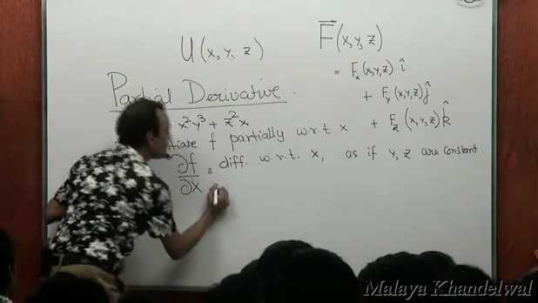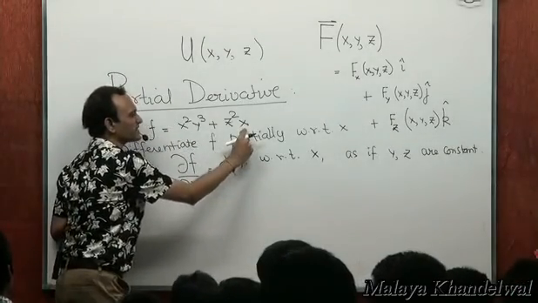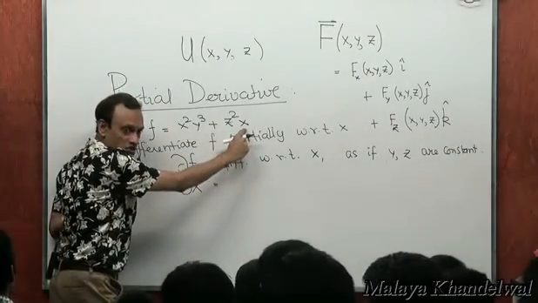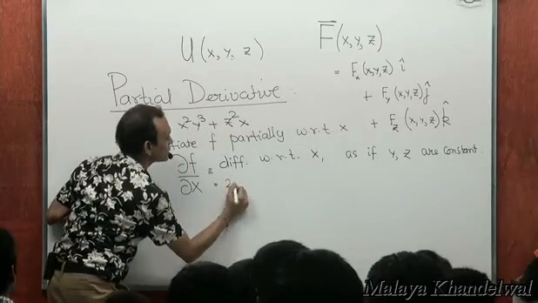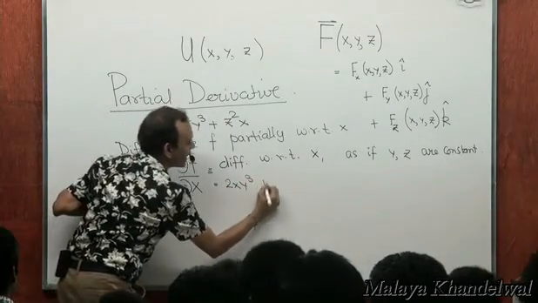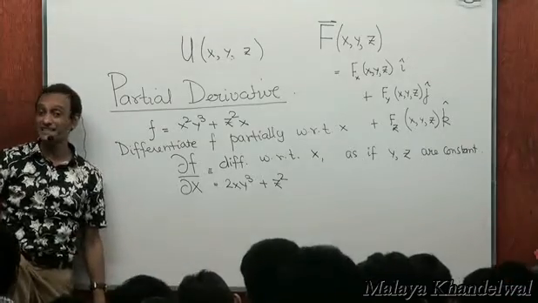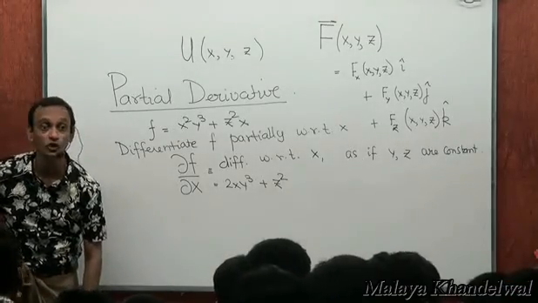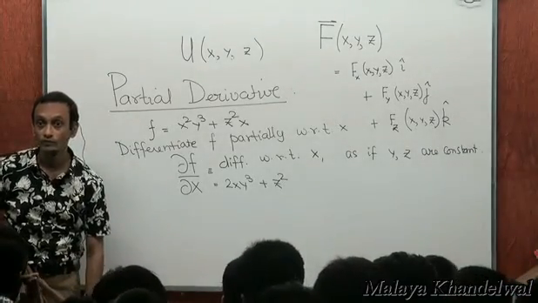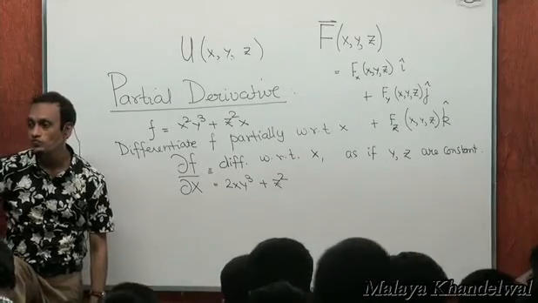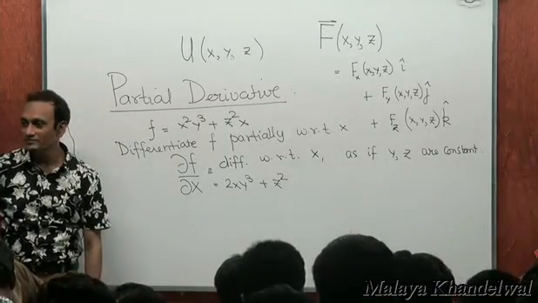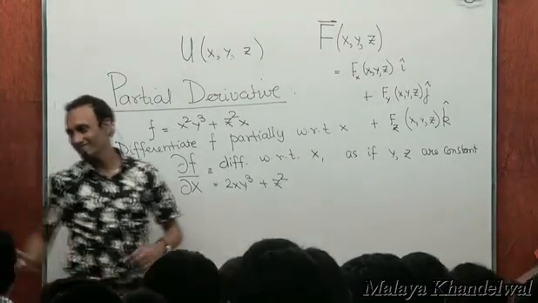Now, if I have to differentiate this with respect to x as if y and z are constant, what would that be in this case? 2x y cube plus z squared. Differentiating with respect to x as if y and z are constants. Where is the confusion?